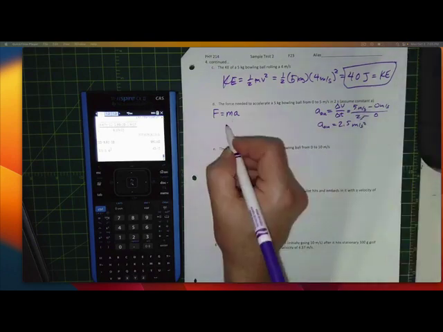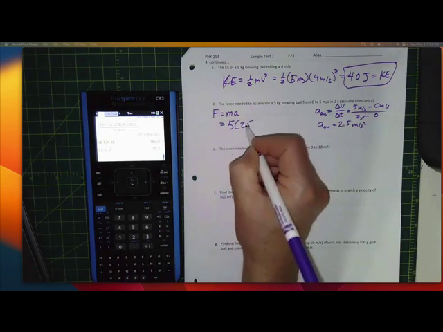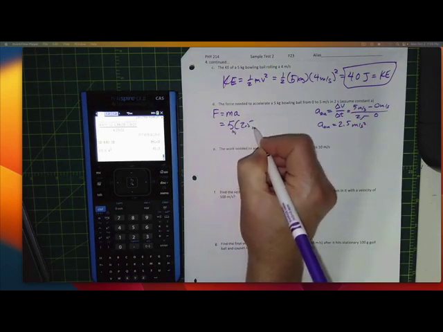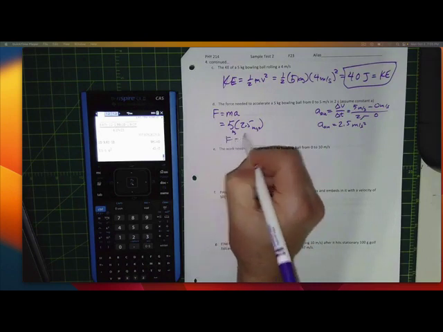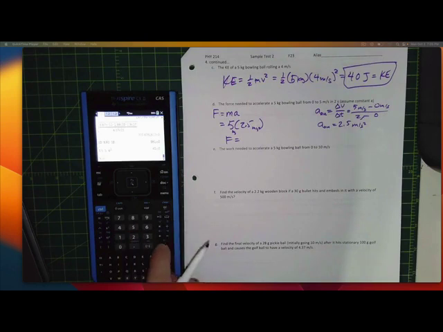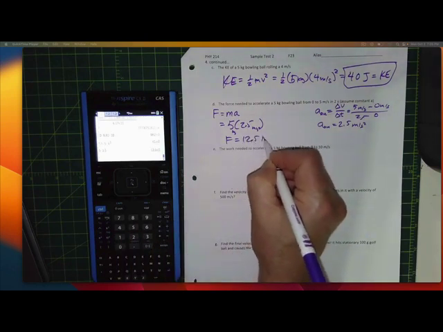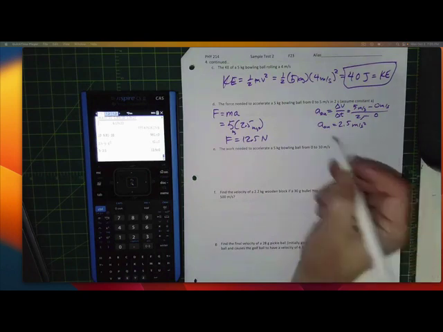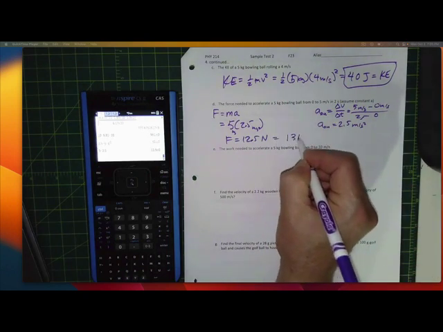All right, so we can plug that in. We've got the mass, 5 kilograms, times 2.5 meters per second squared, gives us a force of 12.5 newtons. We really only have one significant digit, so let's just say 13 newtons.